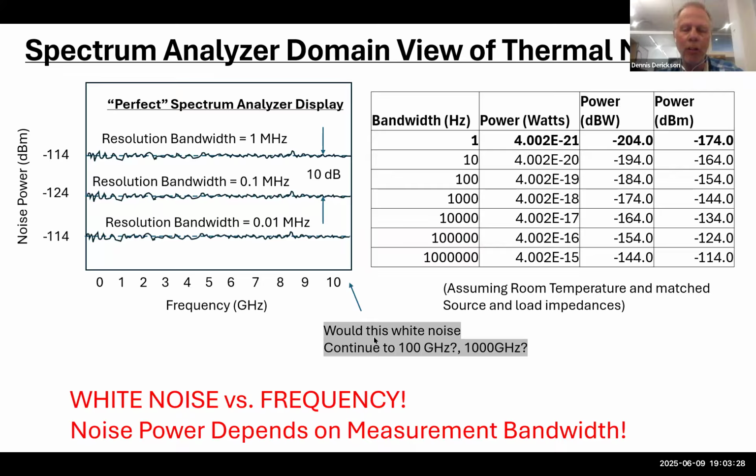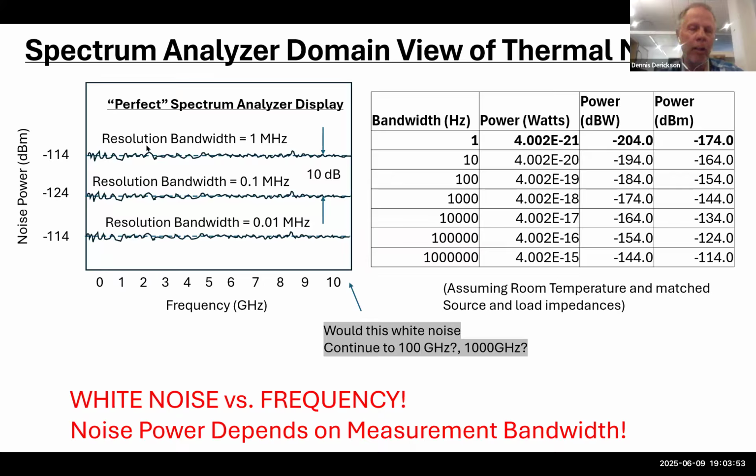Now, would this white noise continue out to 100 gigahertz? Would this white noise continue out to 1,000 gigahertz? So that relates back to that average time between collision. And since we have a half picosecond time between collision, we're going to have this white noise go well beyond the hundreds of gigahertz range into the low terahertz range as white. And then beyond that, it will change somewhat.